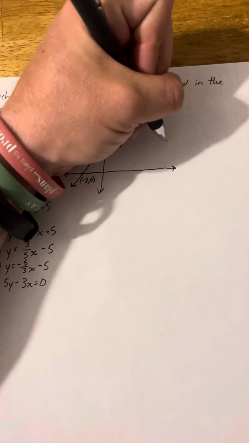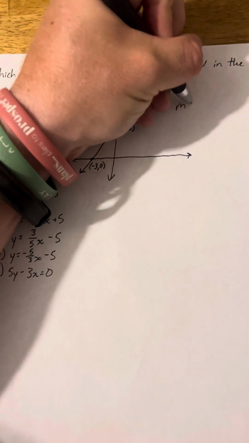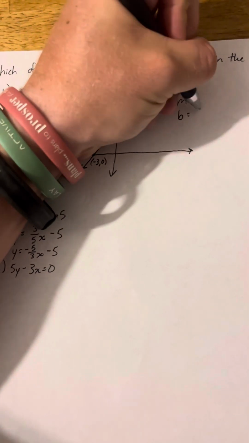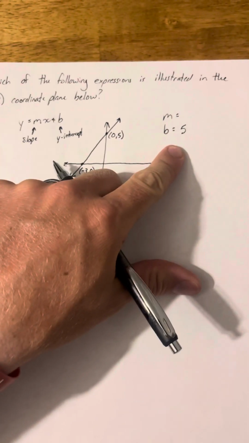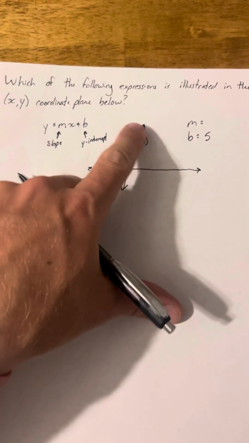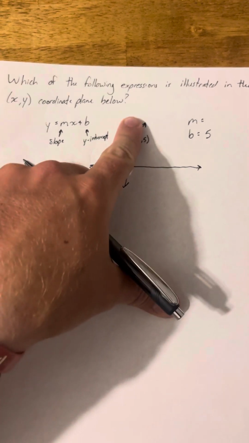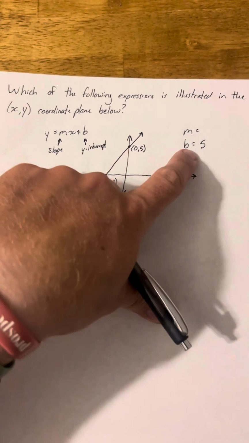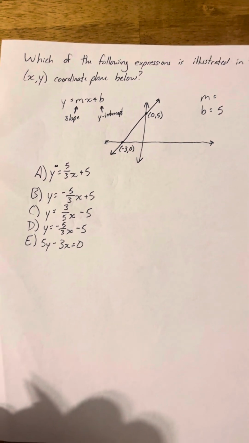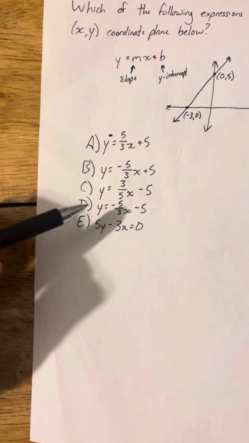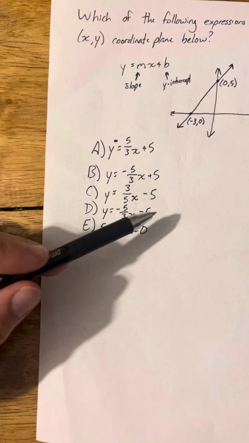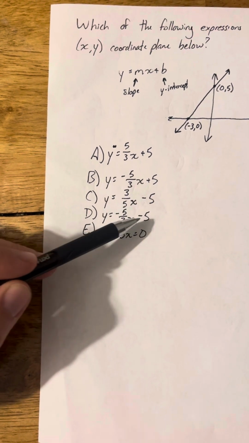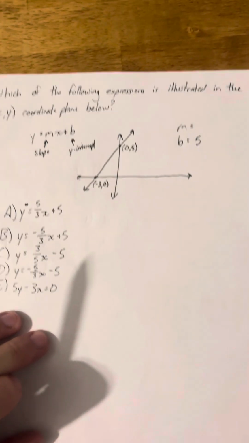So in this problem, I'm going to put over here M and B. My B is 5, okay? Because this line goes through the y-axis. Remember, your y-axis is the one going up and down, the vertical one. It goes through at 5. So my B is 5, okay? Very easy. And if I look over here, that actually eliminates C and D because these are both -5. But we'll talk about that in a second.